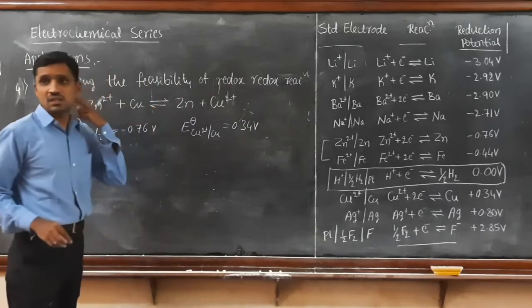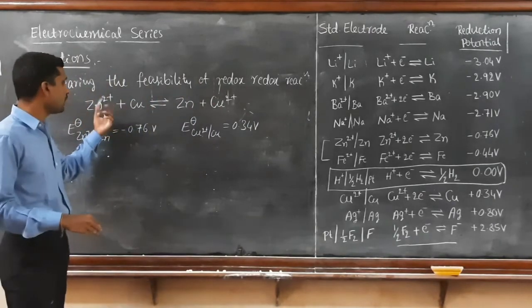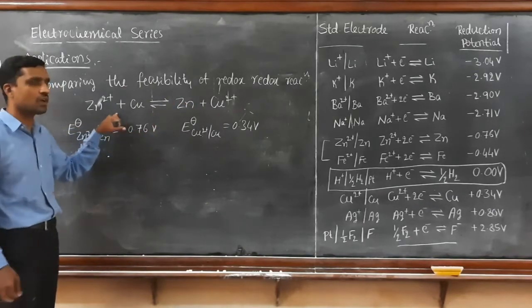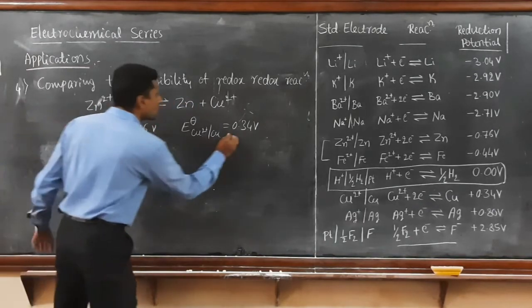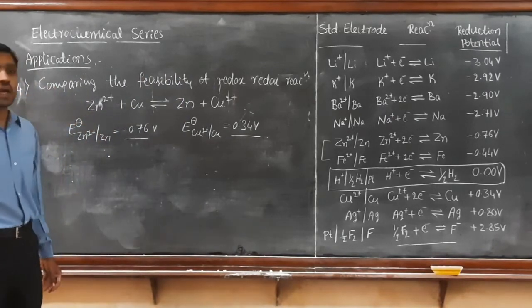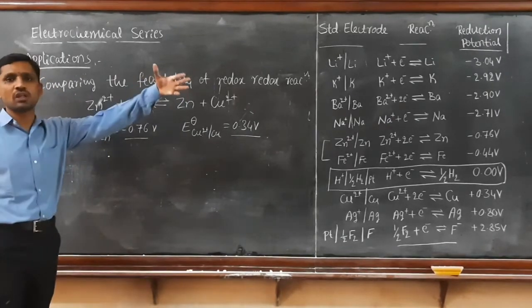Whether this reaction is feasible or not, that is, whether it is a spontaneous reaction, you can determine by comparing these two values. By comparing the standard reduction potential values, you can determine the feasibility or spontaneity of a reaction.